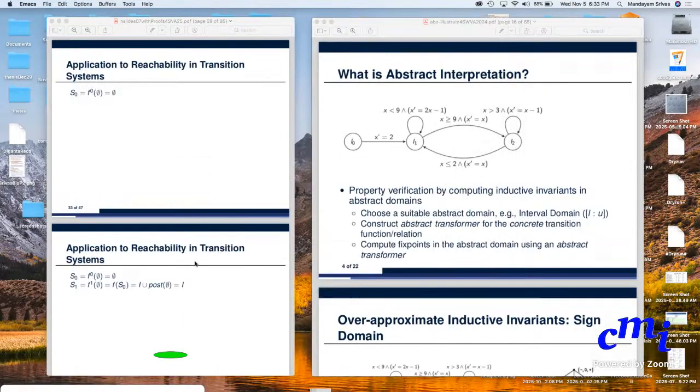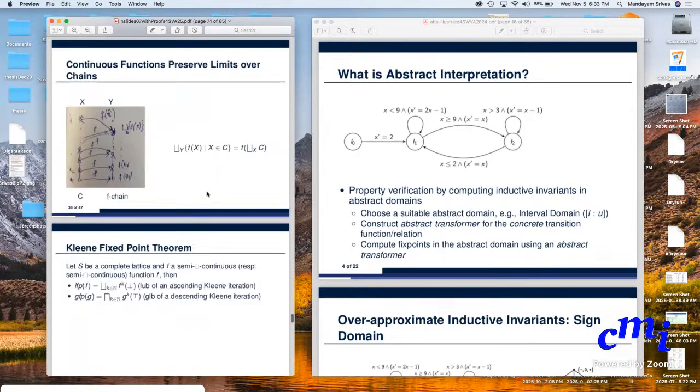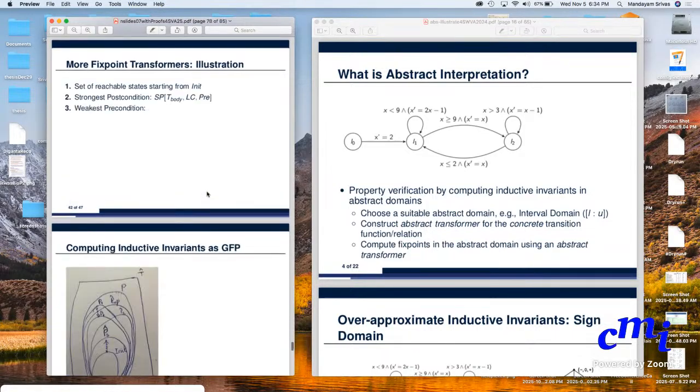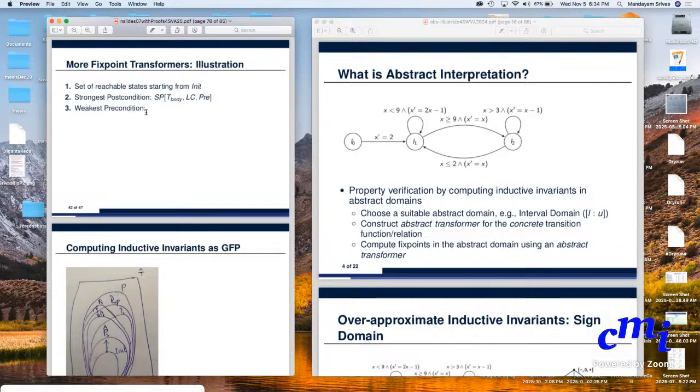Yeah, similarly, if you also think a little bit, which is what we'll do next time, for computing the other two things that I have: similarly for the weakest precondition, how would you do it, if this can be expressed?